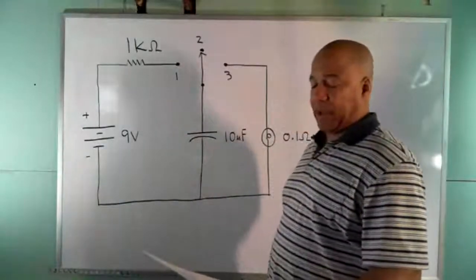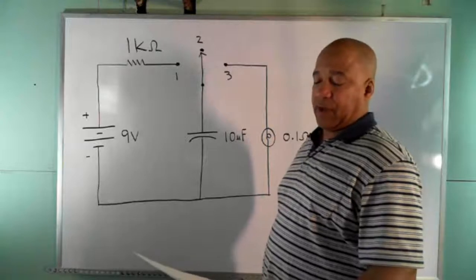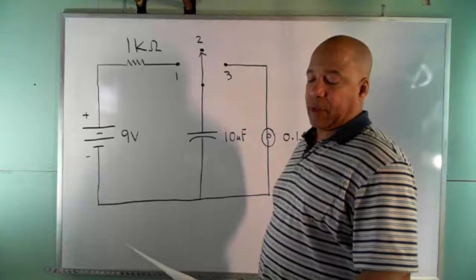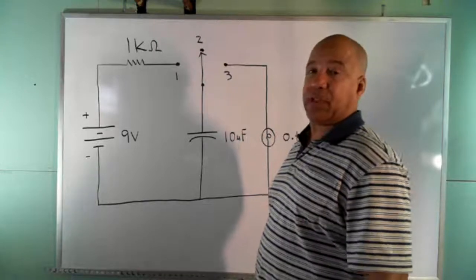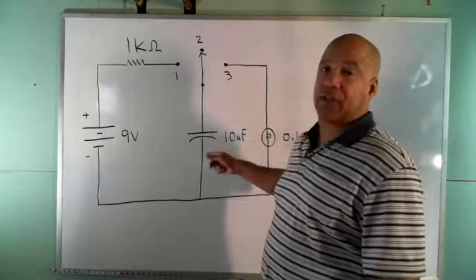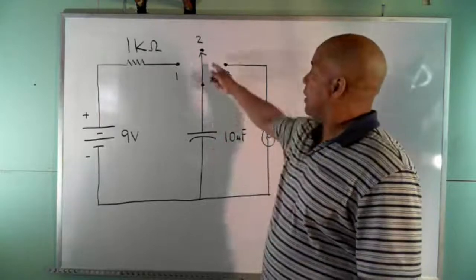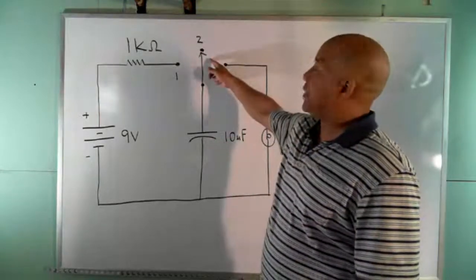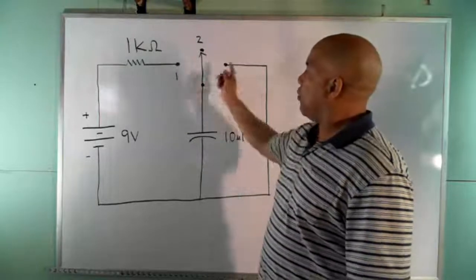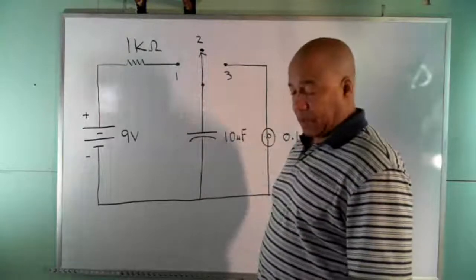The problem statement is called a burst of energy. The first part asks what is the maximum current when S1 is moved to position 1. Right now, we assume that the capacitor is uncharged. The switch, this is a 3-position switch, is in position 2. I call that the neutral position, and we're going to move it to position 1.